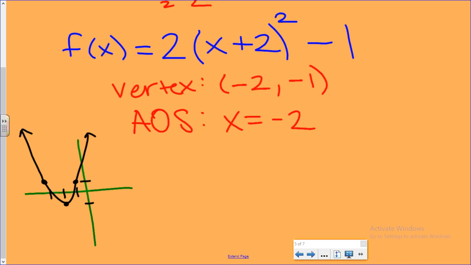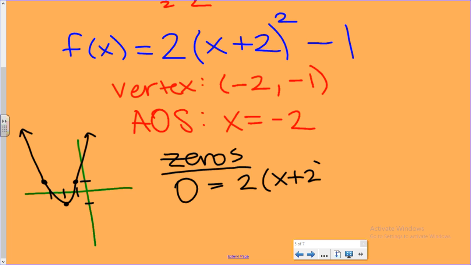Set the equation equal to 0. Now, we've done all of this work with completing the square. We might as well use it, okay? So if I ask you to find zeros, we can take our equation and set it equal to 0.